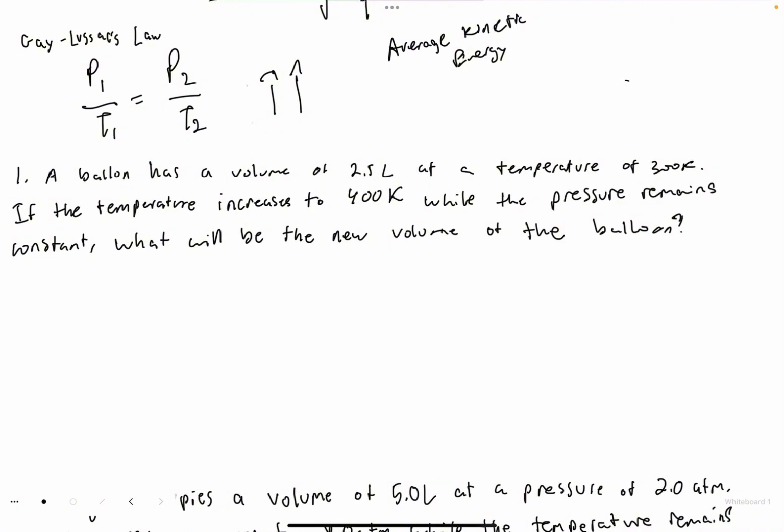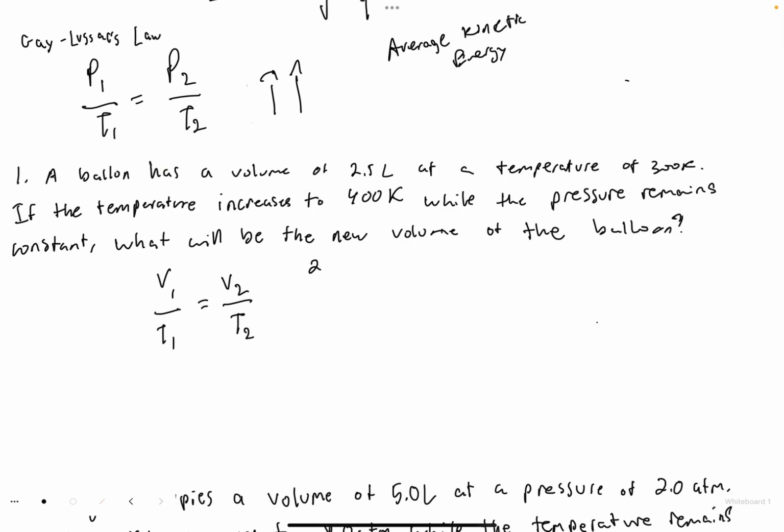So now that we know which law we are using, let's just use Charles' law's formula. V1 over T1 equals V2 over T2. And so now all we have to do is fill everything in.